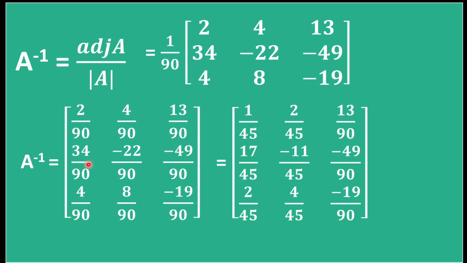Similarly, we can simplify this 34 by 90 as 17 divided by 45. So all those terms which you can simplify, you can simplify, and this is our final answer, and this is the inverse of the given matrix.